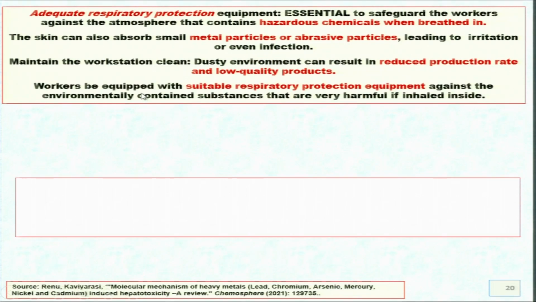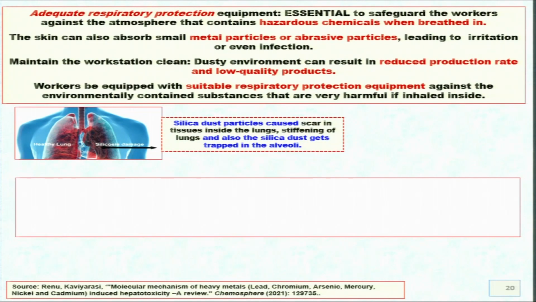Workers should be equipped with suitable respiratory protection equipment. This is very important and the manufacturing company should take its responsibility against the environmentally contained substances that are very harmful if inhaled. We have seen in the earlier slide it may lead to serious diseases like cancer also.